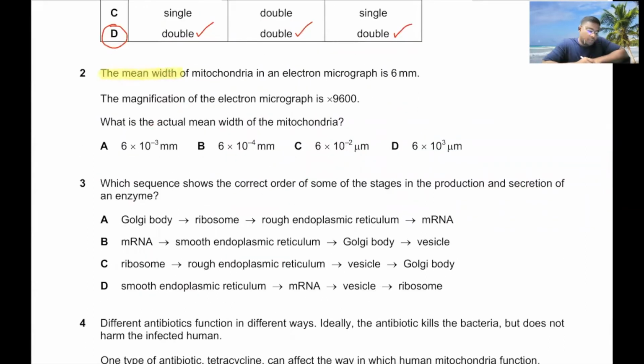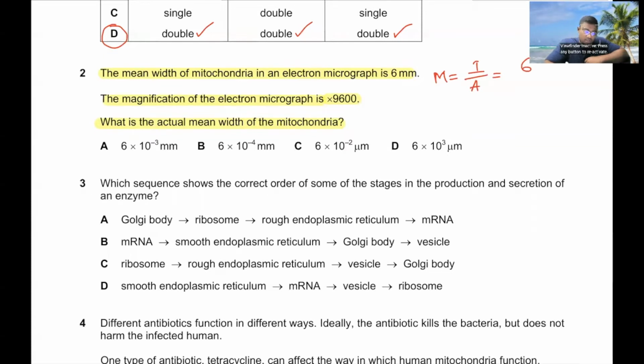The mean width of mitochondria in an electron micrograph is 6 millimeter. The magnification of the electron micrograph is 9600. What is the actual mean width of the mitochondria? We know magnification is equal to image divided by actual, and image being 6 millimeter.